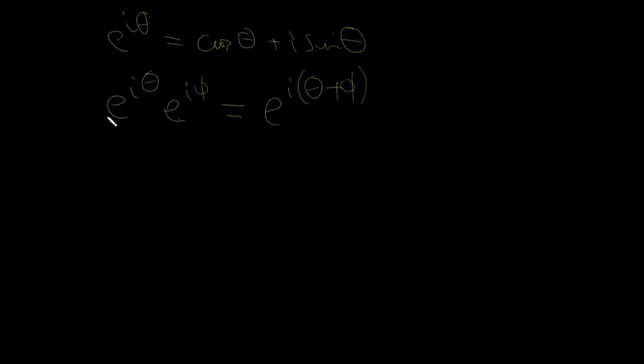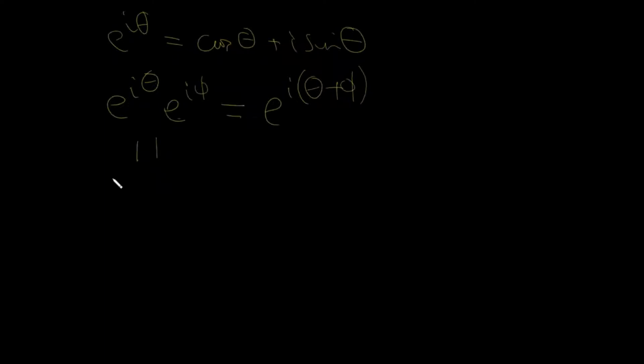In other words, if you go around the circle theta radians and then you go around phi radians, that's the same as going around theta plus phi radians. But you can see that due to the properties of exponents here. Now there are other ways we could think about this.